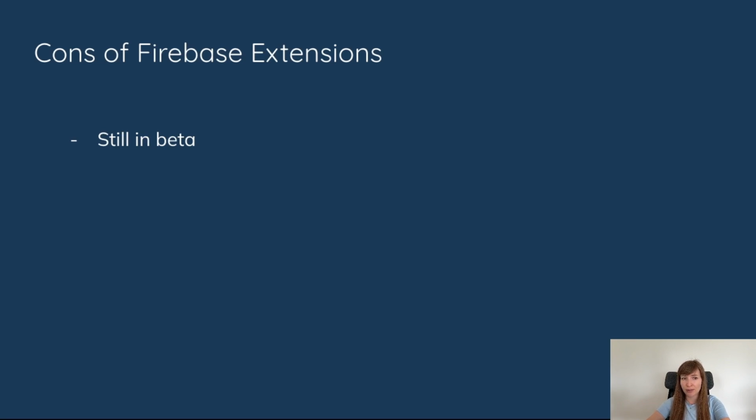So first of all, this is still in beta, so keep that in mind that things might change and the changes might be breaking. Also, not everything can be configured. For example, I didn't like the fact that the failed transcriptions are being stored into Firestore. I think that could be optimized probably.